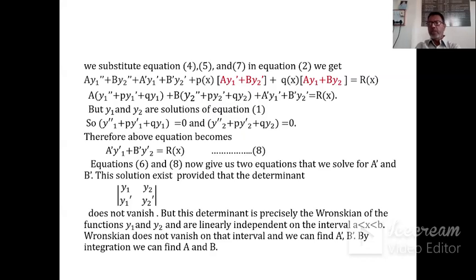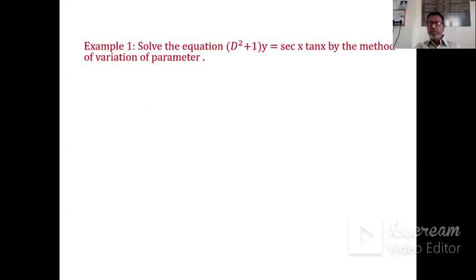Therefore, their Wronskian does not vanish on the open interval a, b. Solving these two equations 6 and 8, we obtain A dash and B dash, and by integrating we find A and B. Substituting these values, we obtain the solution of the given non-homogeneous differential equation with variable coefficients by the method of variation of parameters.